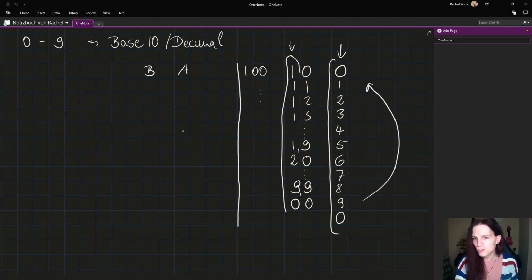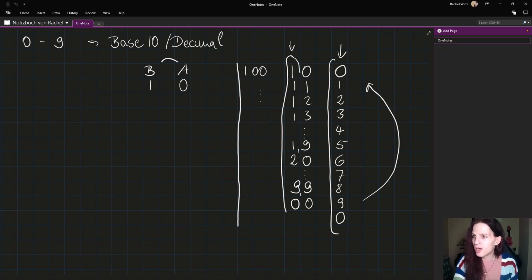I cannot do this with this byte A, because the 9 is the highest value that I can put. So I have to put a 0 because I wrap around, and place the 1 into the byte B.